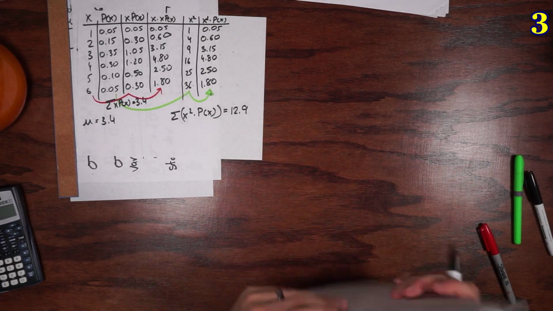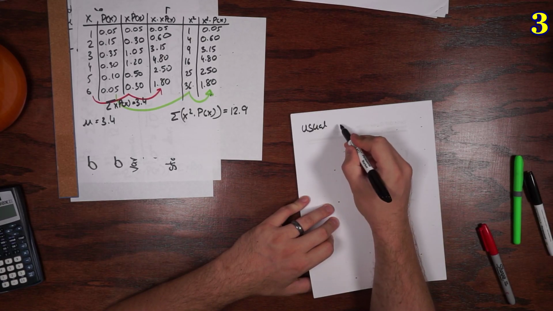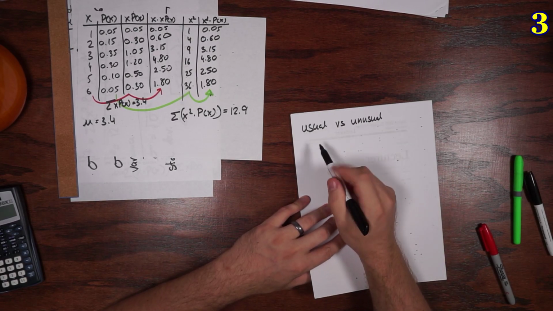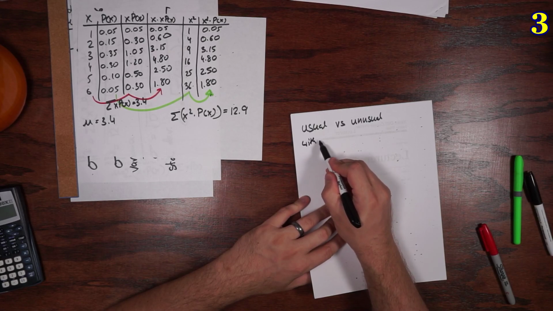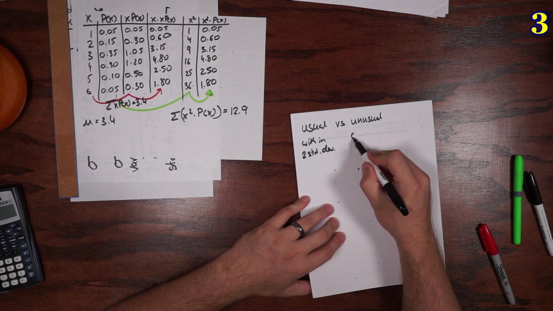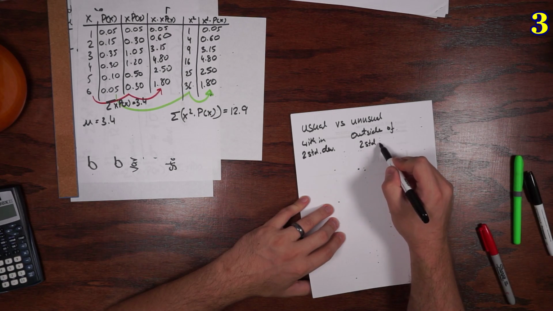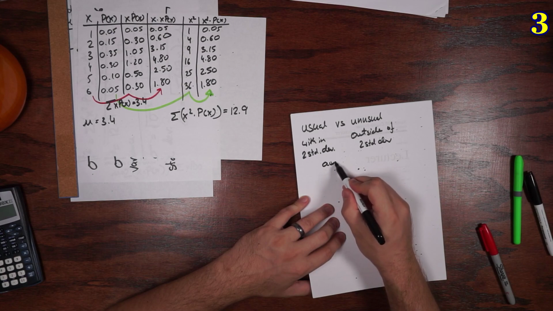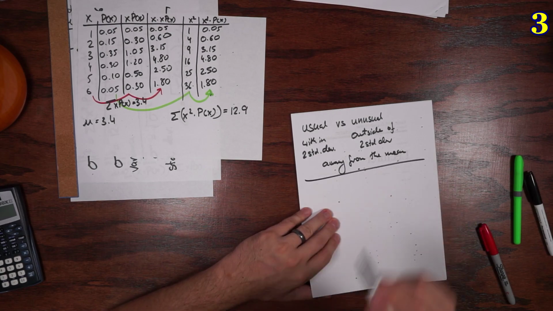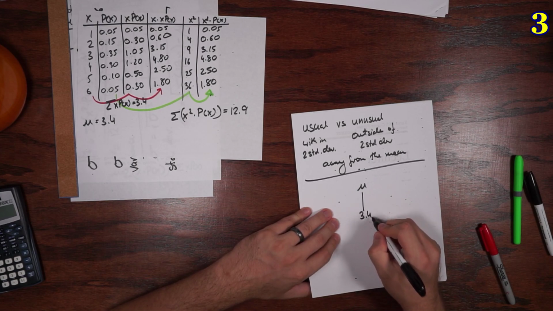Well, again, so let's talk usual and unusual. What's usual? Well, that's within 2 standard deviations, and this is outside of 2 standard deviations away from the mean. So in our case, our mean was 3.4.